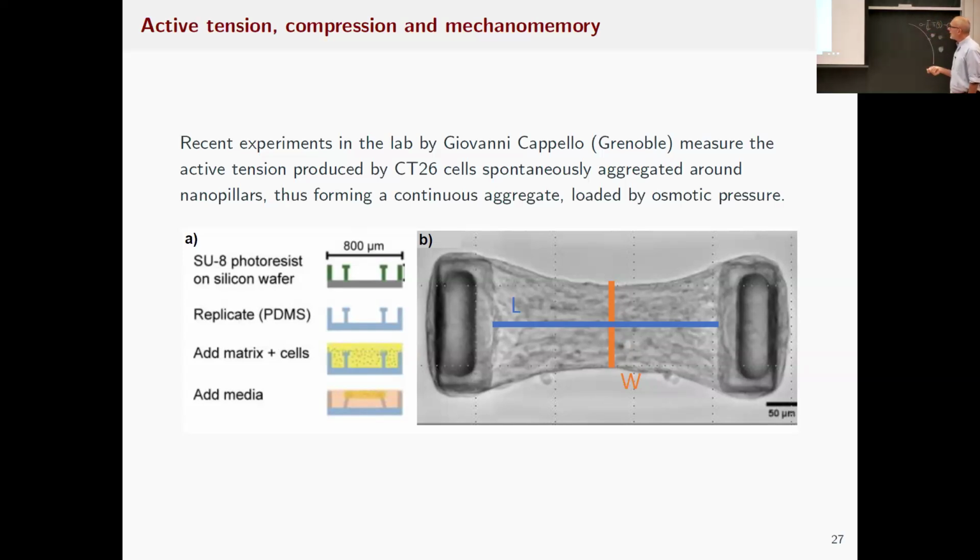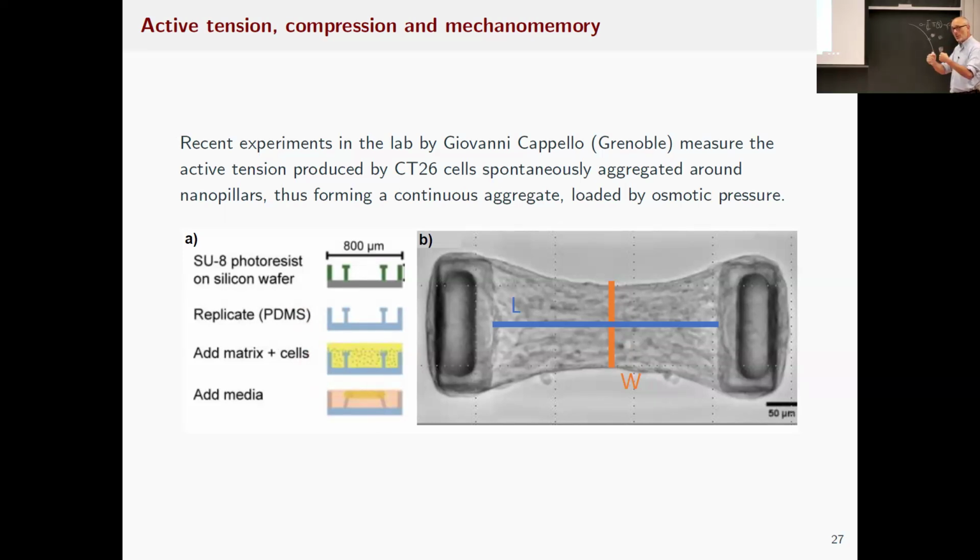Then they put some cells. They are CT26 cells. They're tumor cells, but they are cells that provide strong force. They seeded the cells freely at the beginning, and they produce a tissue, let's say. They mimic a tissue, so they aggregate, they attach to the pillars, and they provide force.